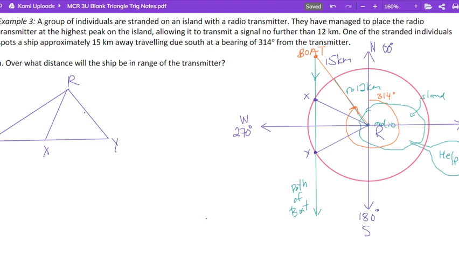We know the radio sends out a signal of 12 kilometers, so these two lengths are 12 kilometers. And we know the boat is 15 kilometers from the radio. What's going to be tricky is figuring out angle B. We're going to have to use some of our knowledge of trigonometry.